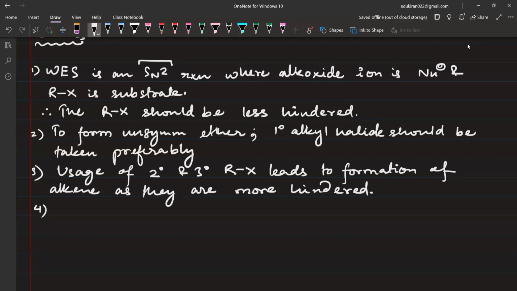Fourth point: therefore 2 degree and 3 degree alkoxide ion can be used.